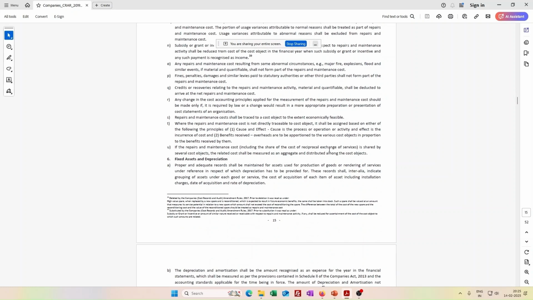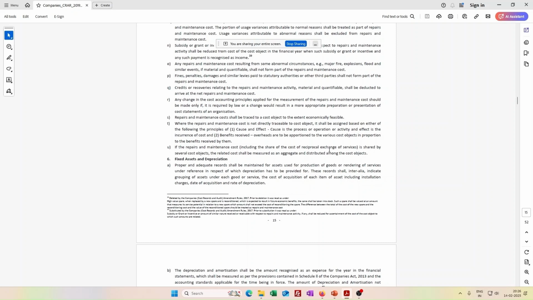Fixed asset and depreciation should be done as per the company's cost accounting policy. Proper, adequate records should be kept. These are the common points which I am discussing: proper records in each and every case. You have to keep proper records from where you can get this data.